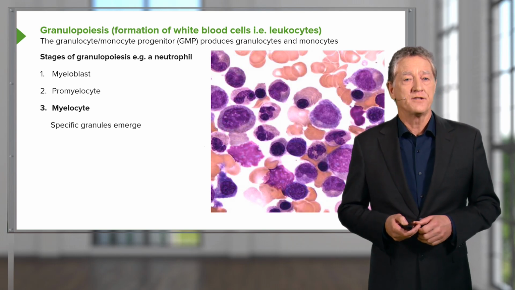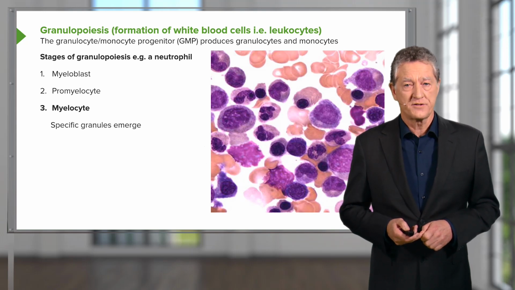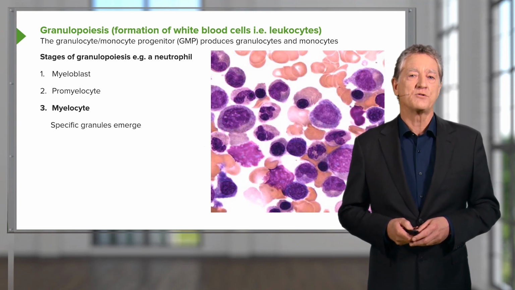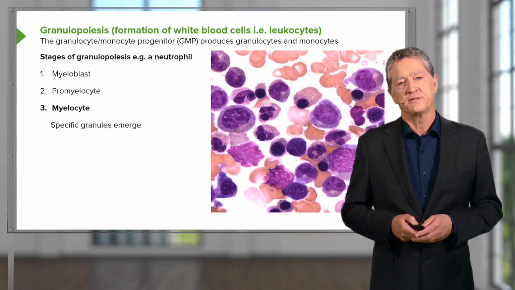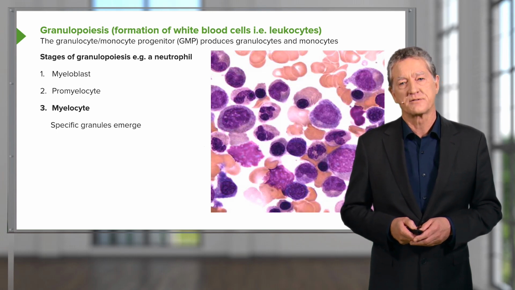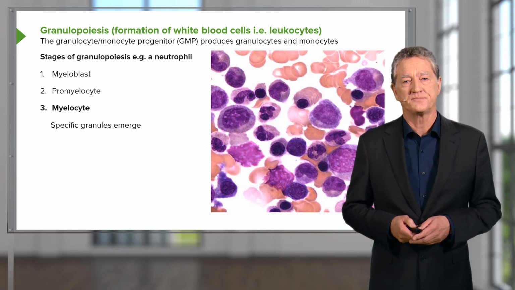The next stage that this cell then passes into is the myelocyte. In those cells, the specific granules will emerge. Again, those specific granules relate to the different roles that these granulocytes will have. For instance, the specific granule in a neutrophil contains antimicrobial substances or enzymes like collagenase that help digest the microbes and the bacteria that they're going to destroy and then take into their cell cytoplasm.